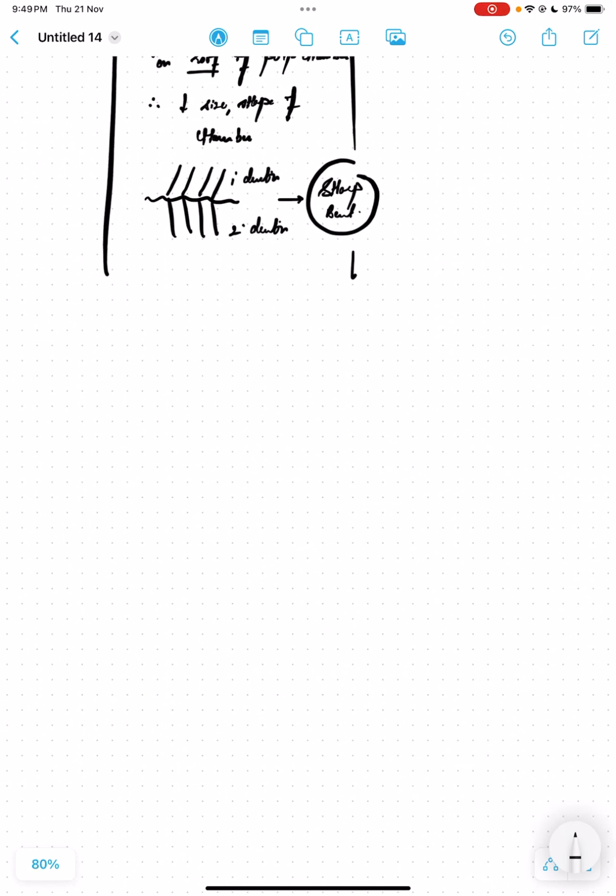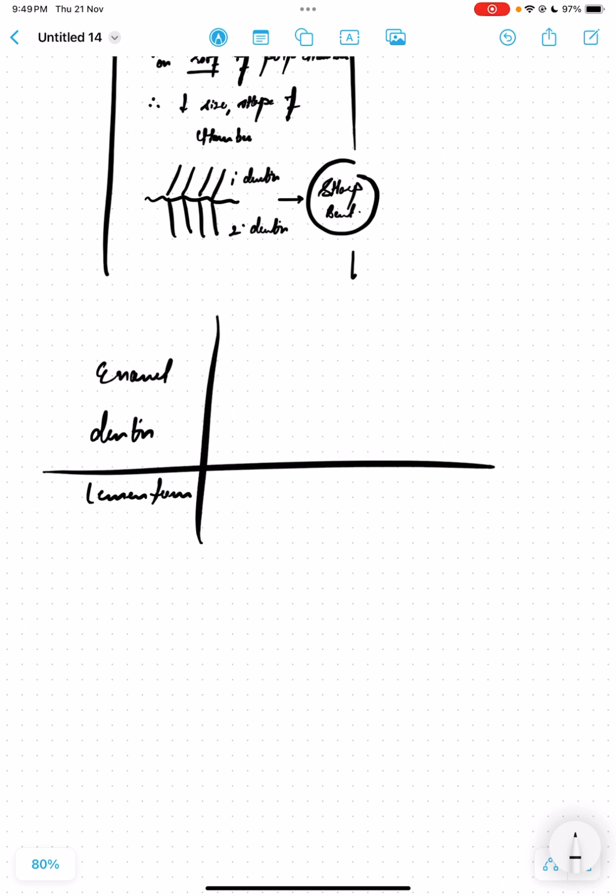It is very confusing. Okay, in the case of enamel, in case of dentin, and in case of cementum, we have different incremental lines. I am mentioning all of it here in front of you.